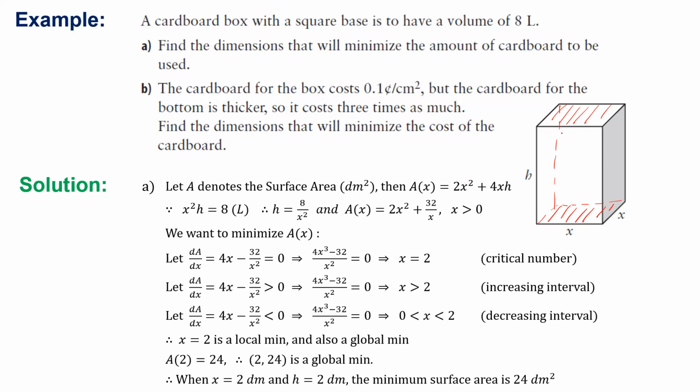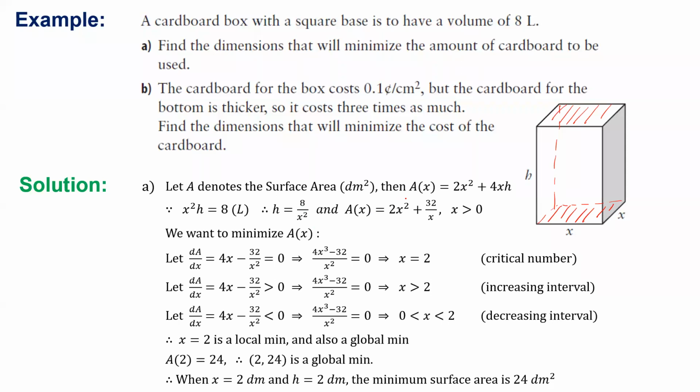For the other four surfaces, that's h times x times 4. Because the volume of this box is 8 liters, x squared times h equals 8. Therefore h equals 8 over x squared.